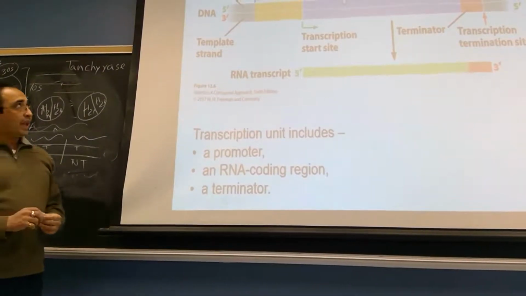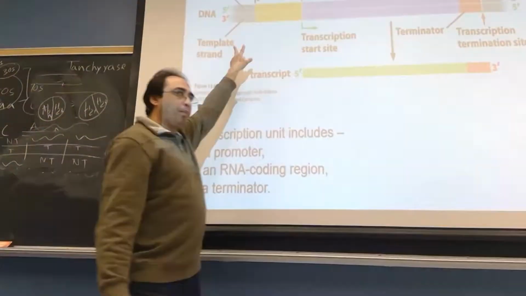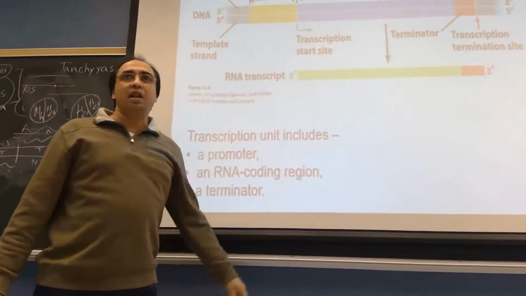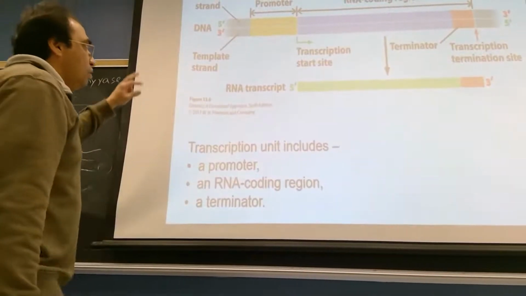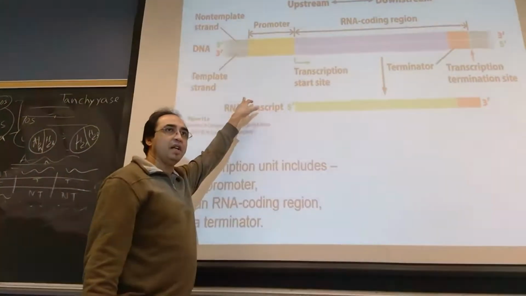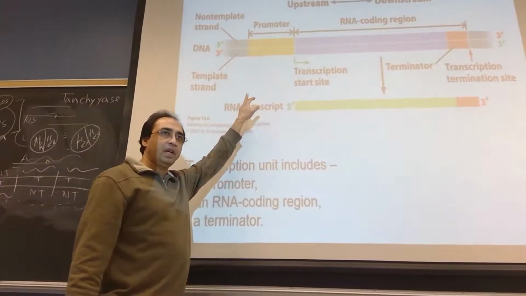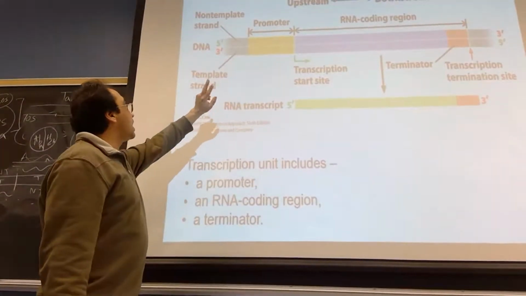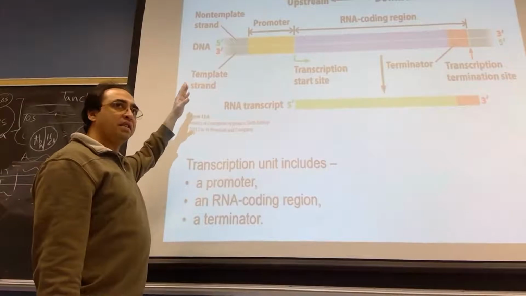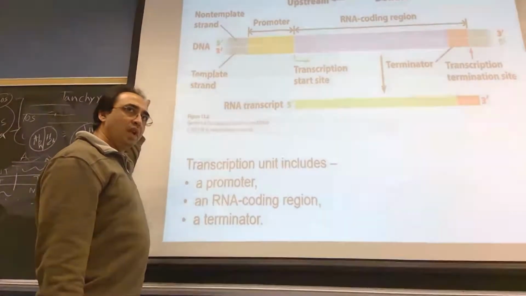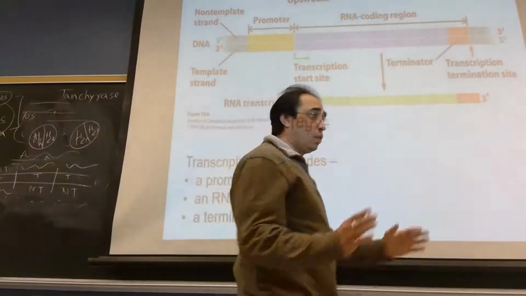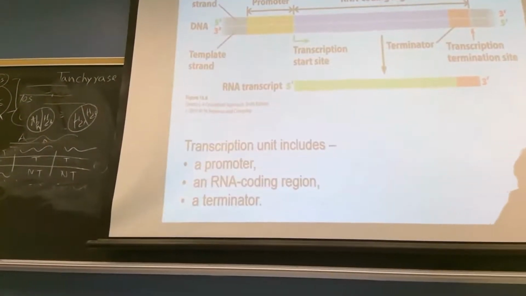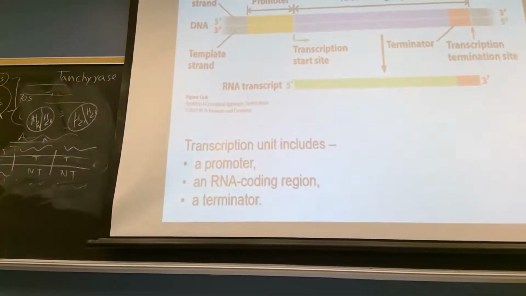Now, there are certain parts. One is called the promoter. The function of the promoter is to attach the RNA polymerase onto this DNA template strand. That is called the promoter region. Generally, the promoter region is a little bit upstream. It does not have to be attached to the gene; it could be more upstream also.